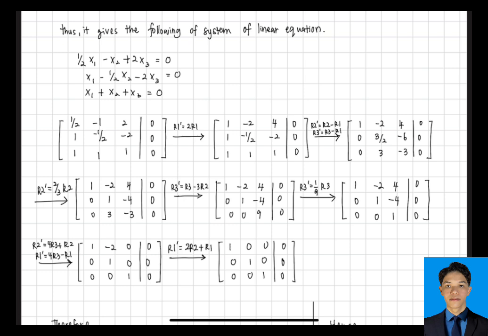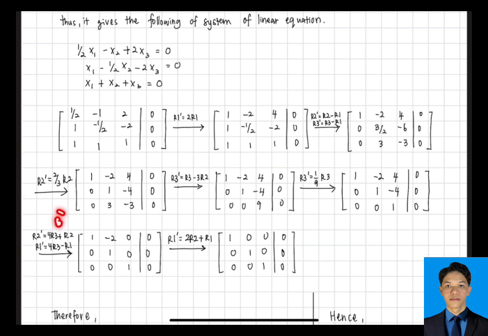And R3 is tripled. Next, we find a new R3 by multiplying the current R3 by 1 over 9. And then we find a new R2 using R2 and R3 multiplied by 4. And the new R1 is 4R3 minus R1.